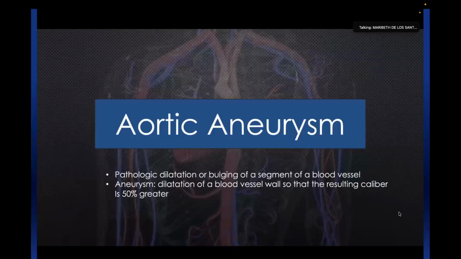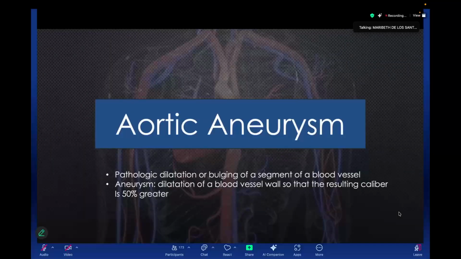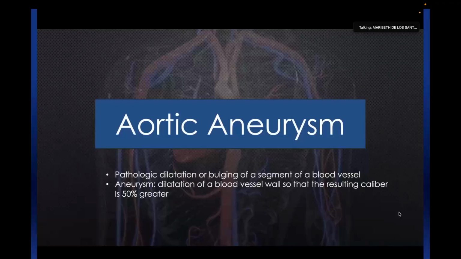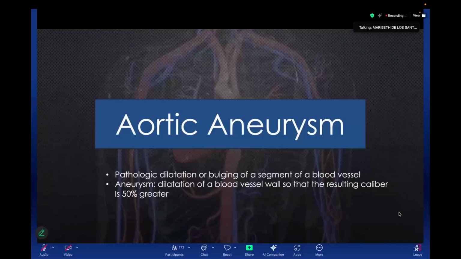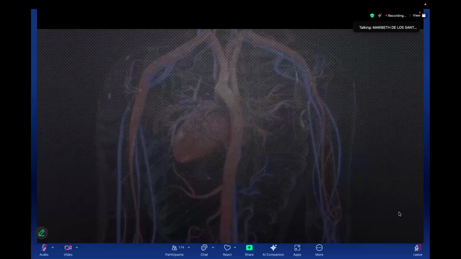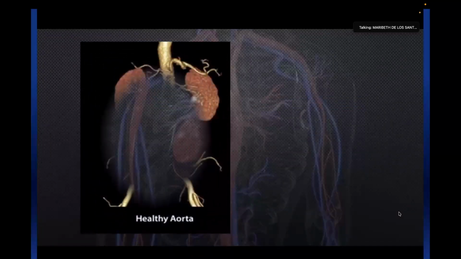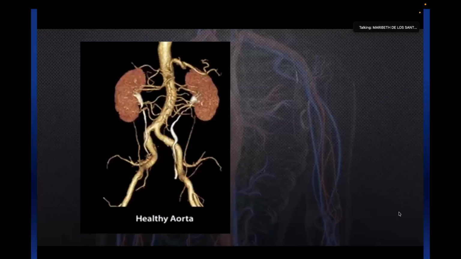This is a pathologic dilatation or bulging of a segment of a blood vessel. When you say aneurysm, there's a dilatation of a blood vessel wall so that the resulting diameter is 50% greater than the normal or the original diameter adjacent to the diseased vessel. So this is the normal healthy aorta CT scan.